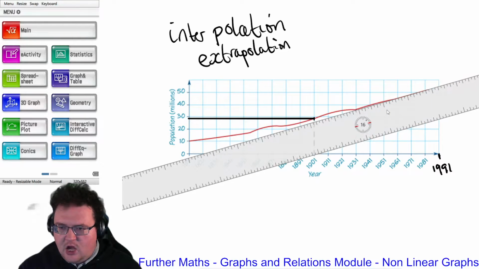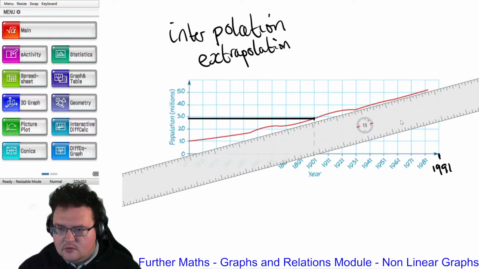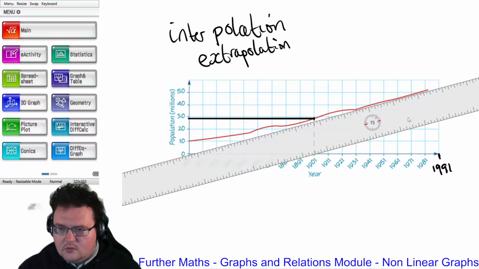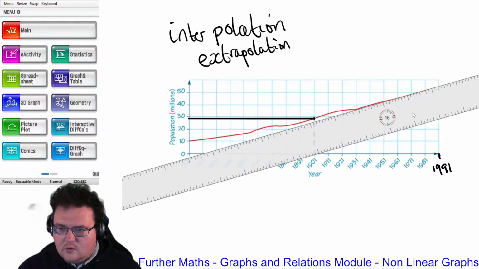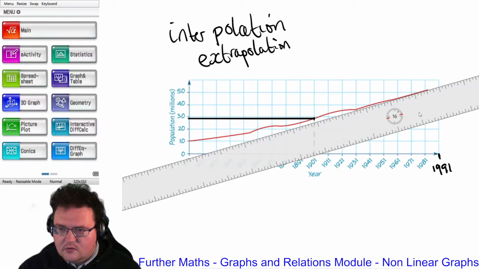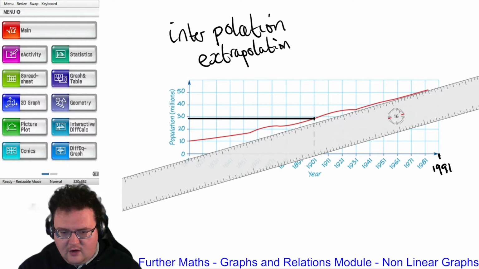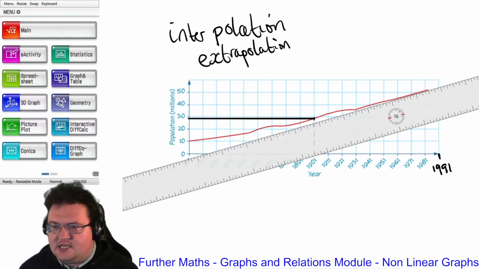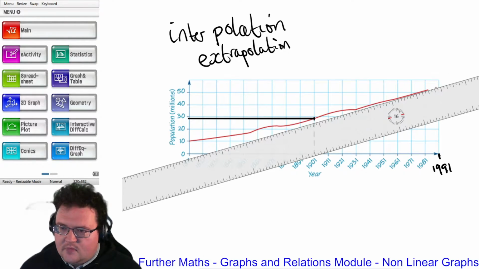I'm going to line my ruler up with this last little bit of my graph here, and I'm going to extend it.